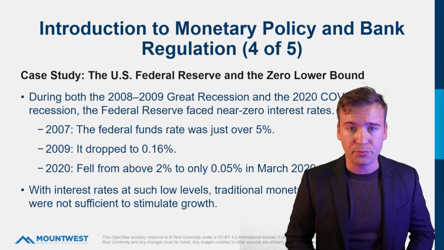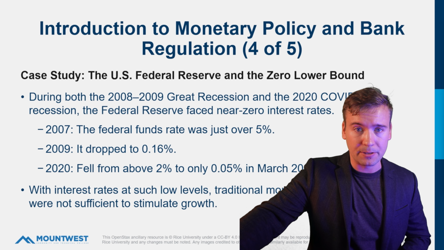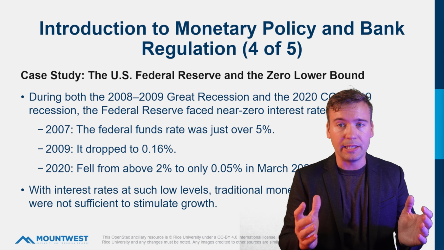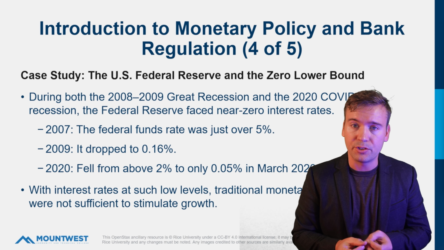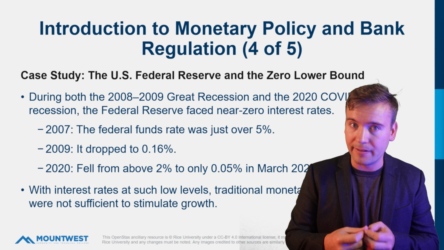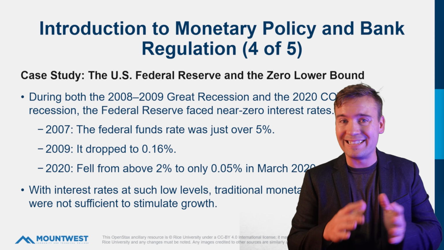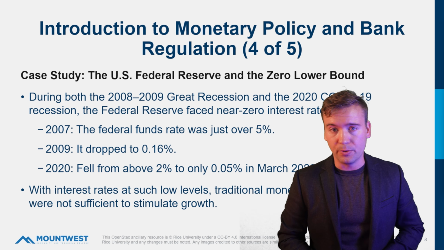Fast forward to 2020, and we see a very similar pattern. The Fed funds rate was above 2% when the pandemic hit. Okay, and then the economy went into lockdown. Everyone shut down. Everyone stayed at home, and then the Fed starts to cut rates again. They cut them dramatically, bringing them back down to a range between 0.05 to 0.25% by March of 2020.